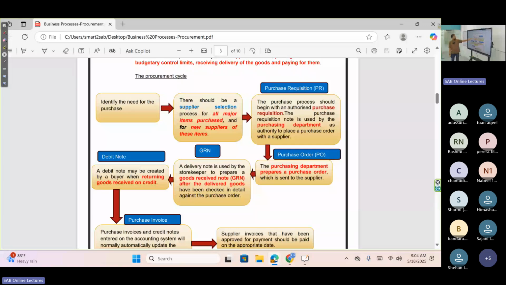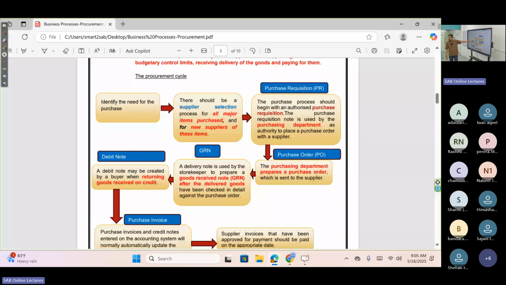First step, identify the need for the purchase. Second step, there should be a supplier selection process for all major items purchased and for new suppliers of these items. Before supplier selection, we should make an inquiry and receive the quotation.